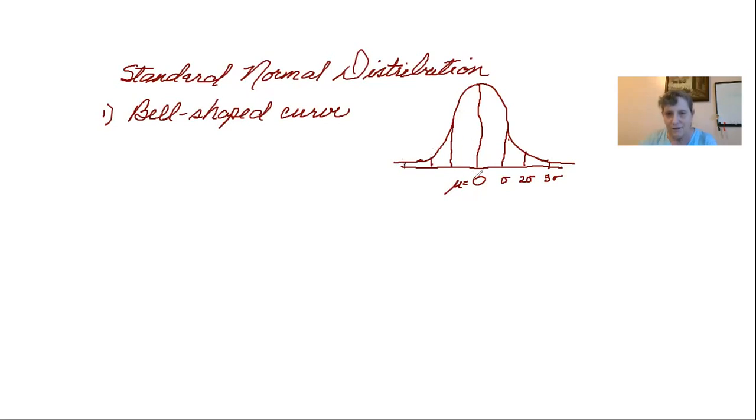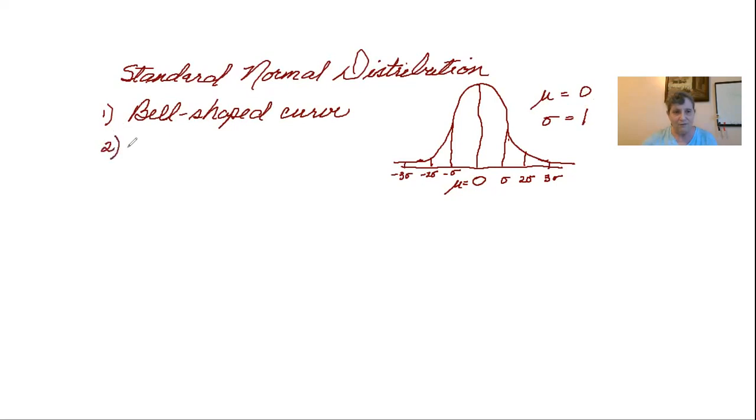Going to the left, we've got -1 standard deviation, -2 standard deviations, -3 standard deviations. And in this case, for a standard normal distribution, not only do we let mu be 0, but the standard deviation is going to be 1. So those are the basic characteristics.